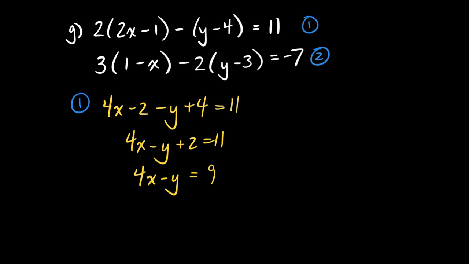Yes, you can make a human error mistake in there, but I'm really hoping that expanding some brackets and collecting like terms, we don't make mistakes with that anymore. And so that equation that we just came up with, 4x minus y equals 9, you expect that to be perfect, the best version of equation 1.